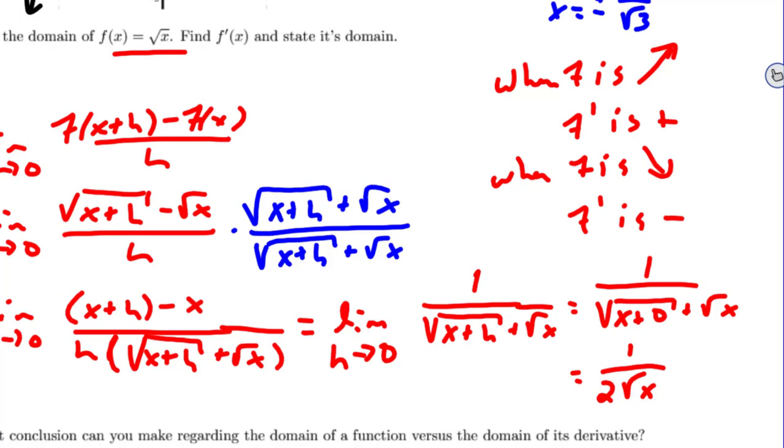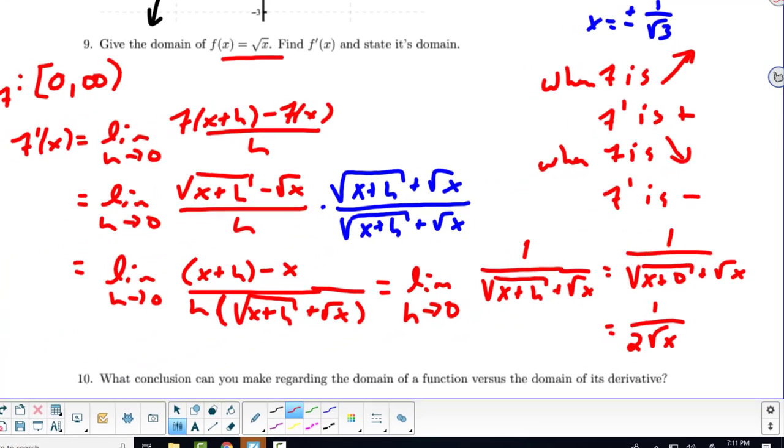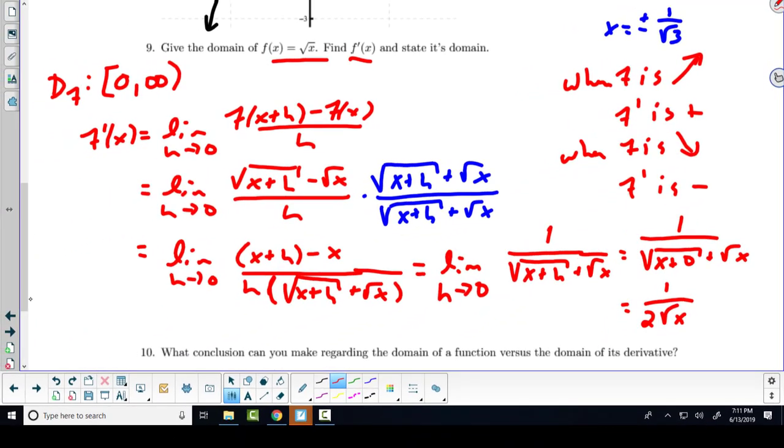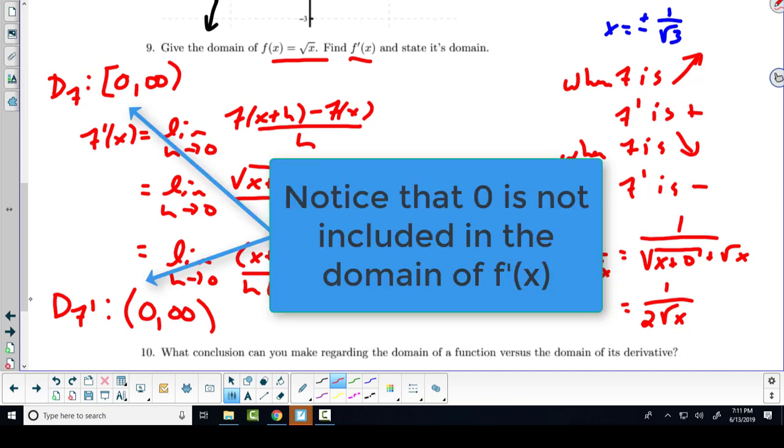All right, did we answer my question? Well, we found f prime of x. What were we supposed to do then? Yeah, what is the domain of f prime of x? 0 to infinity. But not including 0. Yeah. Specifically, what am I saying here?